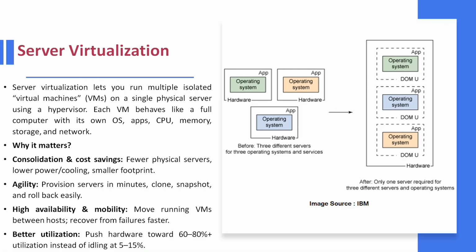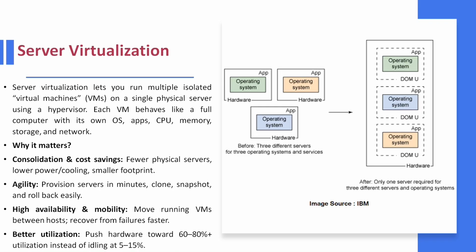In case a fault occurs, you can simply switch between the devices, between the services. So agility is an important feature here. High availability and mobility: move running virtual machines between hosts and recover from failure faster. Better utilization: push hardware towards 60 to 80%.